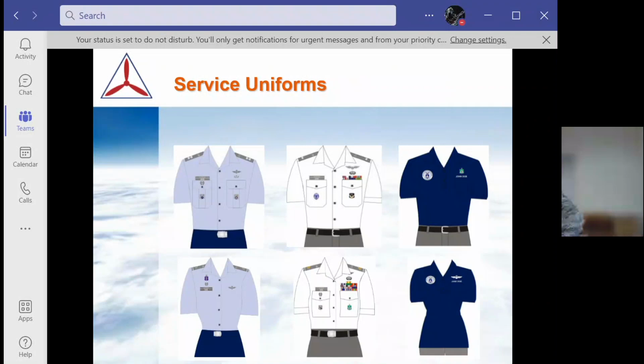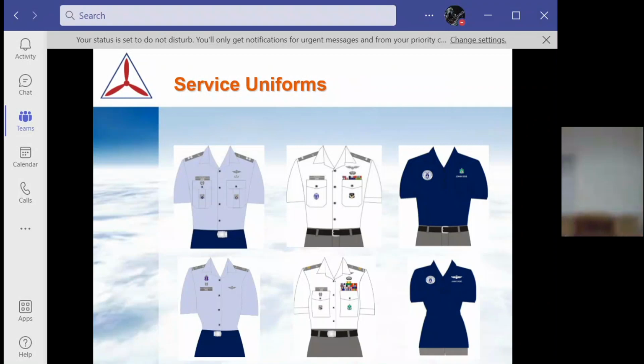Do you know about the flight officer ranks? Is that different from just regular officer ranks? Correct.